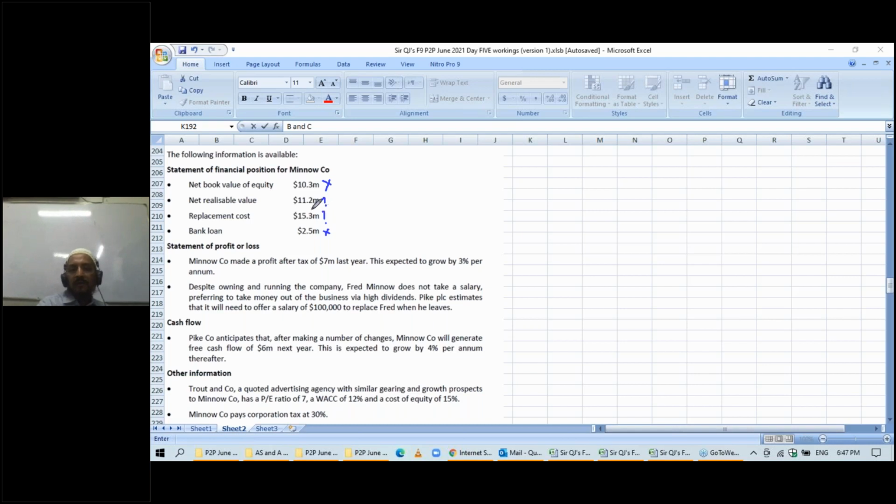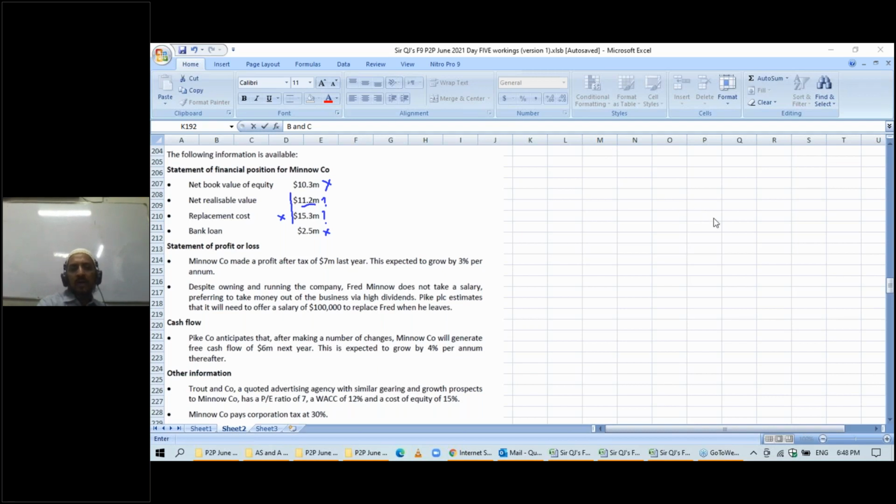What are they asking? Minimum value. So the minimum should be 11.2 million. The other cannot be the minimum because NRVs apply if a company is not performing well and they want to sell it, so the minimum amount will be net realisable value, and this is obviously 15.3. Out of these two items, the minimum amount is 11.2.